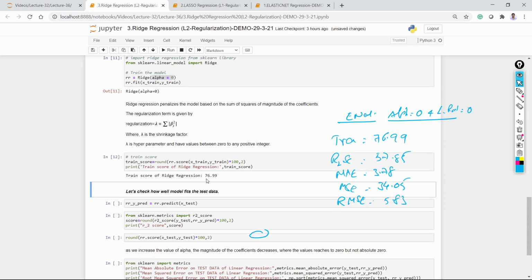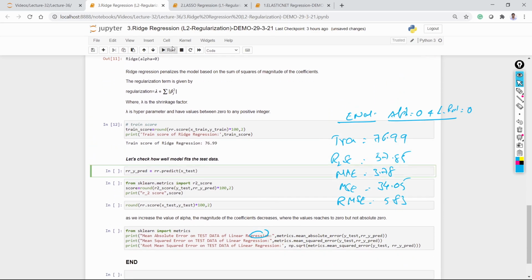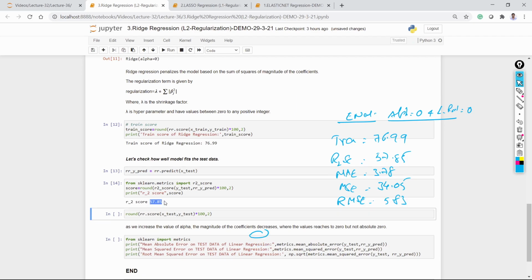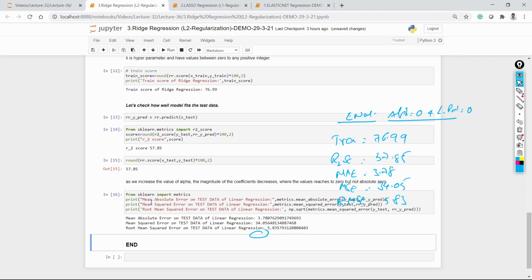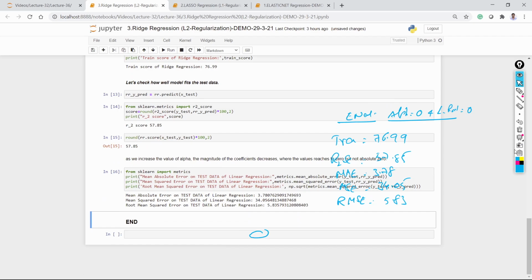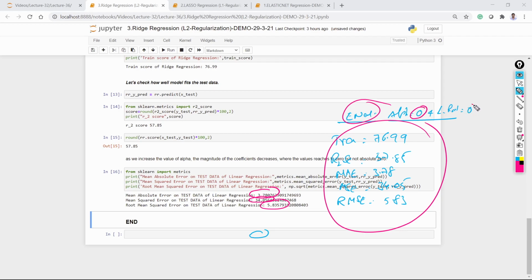So my train score will be 76.99, the same train score I got, and my R2 score will be 57.85, and mean absolute error exactly the same: 3.78, 34.05, 5.83. So what are the values you got in elastic net at the parameters alpha is equal to 0 and L1 ratio 0? The same kind of results you will also get when you apply the ridge regression.